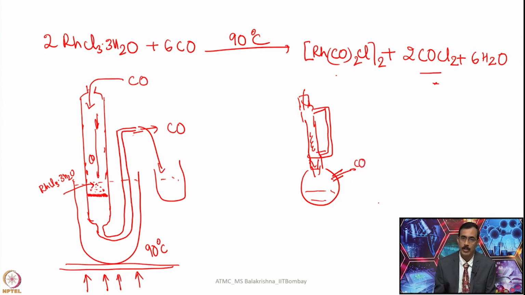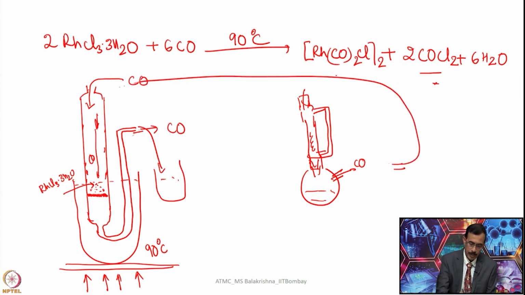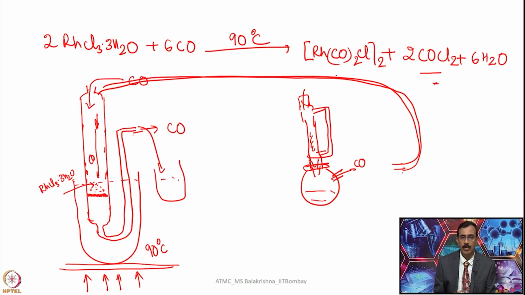So, it has to be passed through sulfuric acid, bubbling through it, and collected here, and then this can be used here. Once the reaction is complete, you can cut off the addition of sulfuric acid and stop it. This reaction has to be carried out in a well ventilated fume hood because we are handling carbon monoxide.